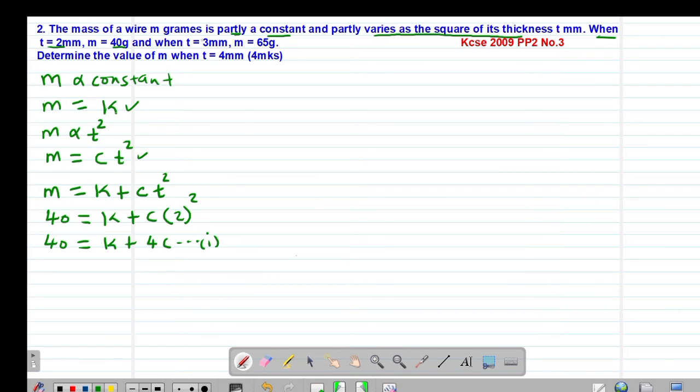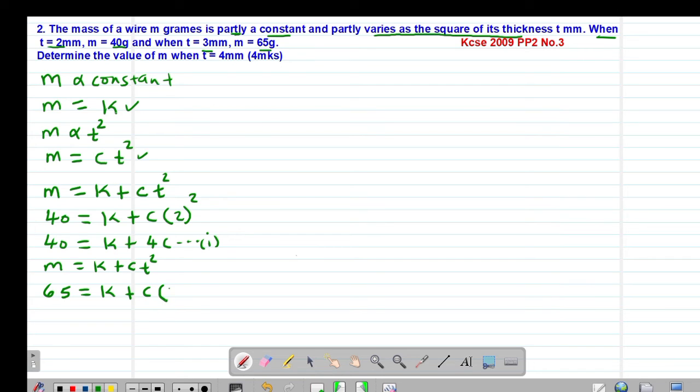So this is my first equation. Then to get the second equation, I'll substitute the second conditions that I'm given. I'm told that T is 3 millimeters when M is 65 grams. So I'm going to substitute in this equation, which is M is equal to K plus CT squared. So I'll have 65 being equal to the constant K, plus C into T. The value of T is 3 millimeters.